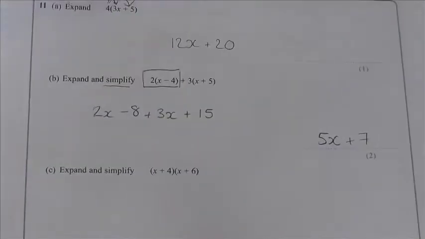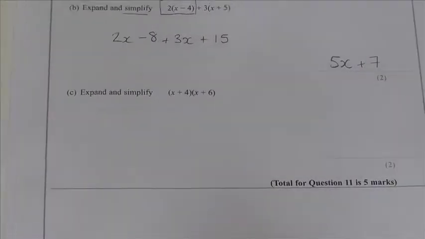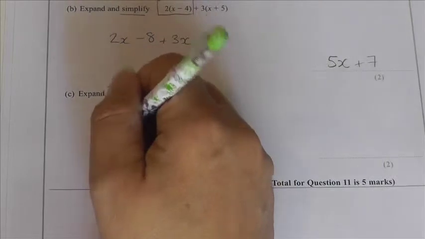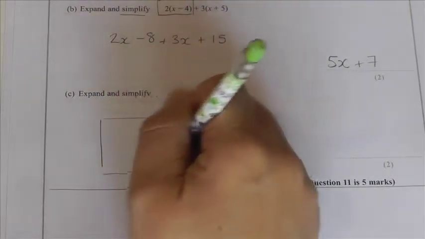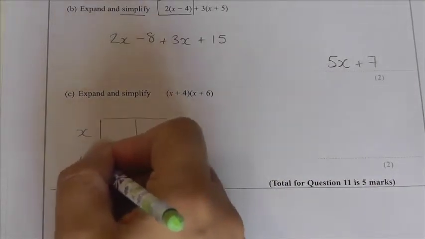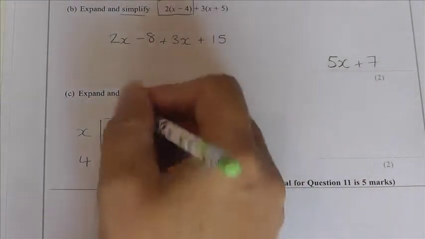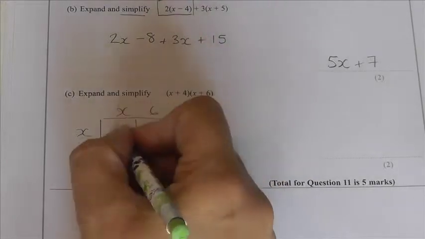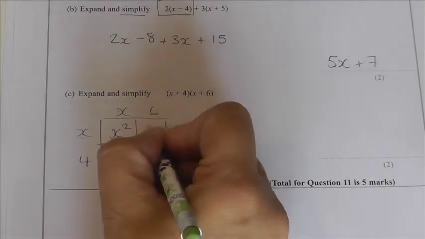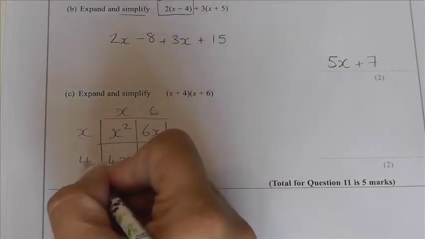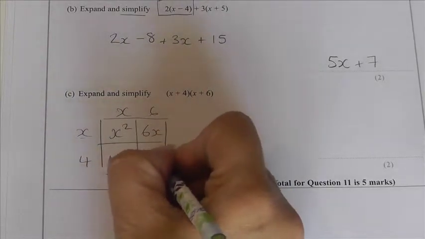The last part of this is a pair of double brackets. You can do this by multiplying each bit in turn, but if you want to make sure you never drop any marks, use the grid method to do it. I'm going to put the first bracket on the left, which is going to be x and 4, and the second bracket at the top, and then I'm going to multiply them into those grids. So x times x is x squared, x times 6 is 6x, 4 times x is 4x, and 4 times 6 is 24.